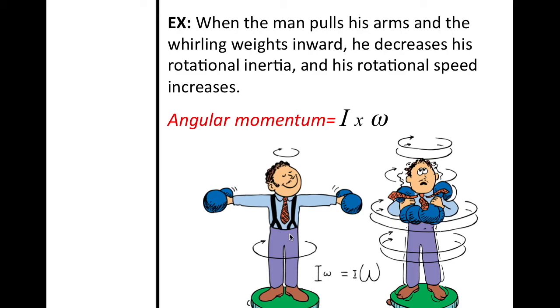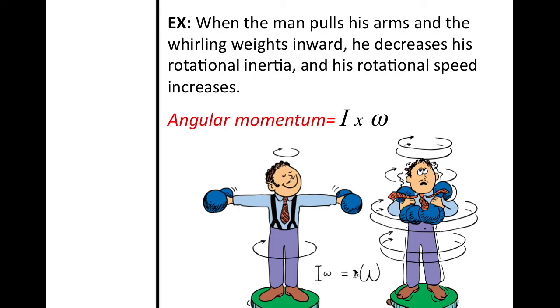When the man pulls his arms inward, he is decreasing his rotational inertia. Remember that as you have your mass closer to your axis of rotation, you will have a lower rotational inertia, which means that it's easier to move you, which means that his rotational speed is going to increase.